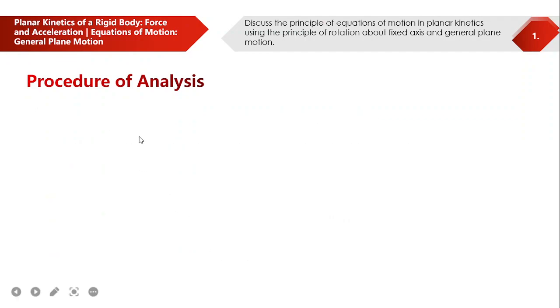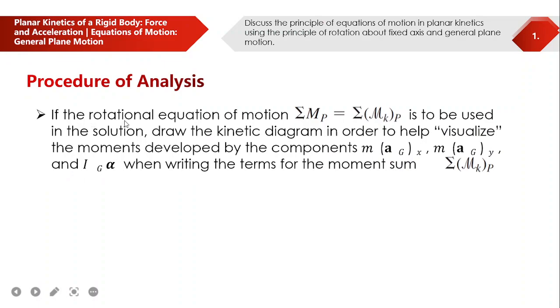Okay? Next, after you determine the MOI at point G, then if the rotational equation of motion, or summation of all the moments at point P is equals to summation of all the kinetic moments at point P, is to be used in the solution, draw the kinetic diagram in order to help visualize the moments developed by the components m times a sub g sub x, m times a sub g sub y, and I sub g times alpha when writing the terms for the moment sum at point P. Okay?